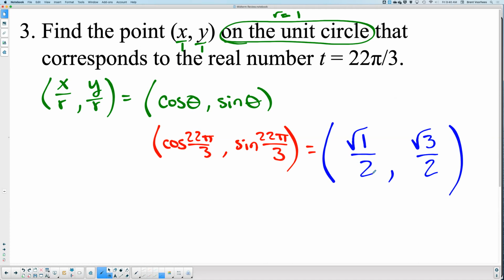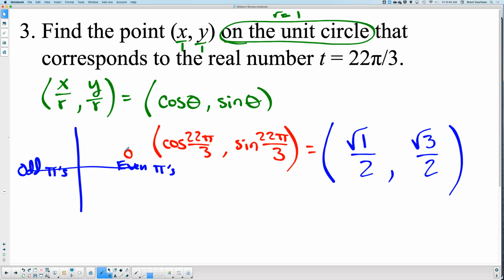So 22 pi over 3. Here's the easiest way to think of it. The even pi's are over here. The odd pi's are over here. What do I mean? When we start in a unit circle, we say this is 0.